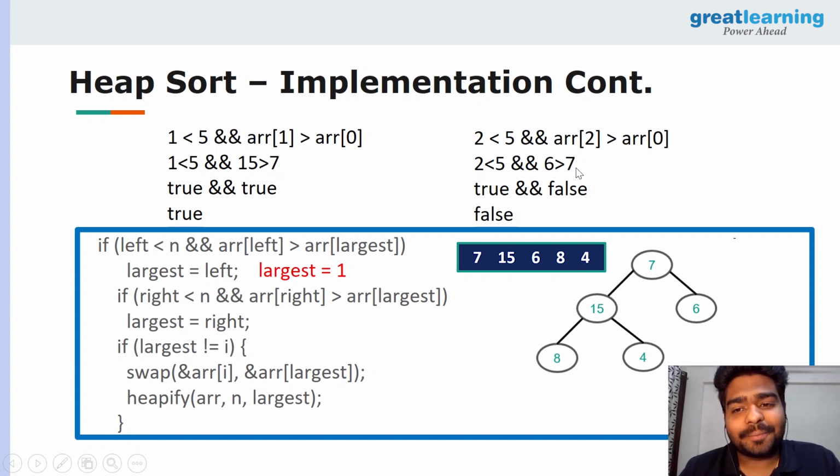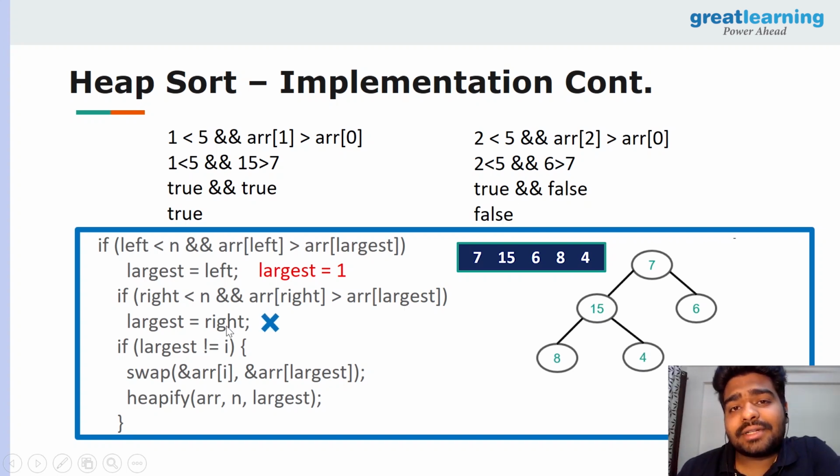Here 15 will come. Okay, here the 0 will not come. We have to change this ARR. It will be 1 and it will be 15. I'm so sorry. So here there is some mistake. So it will be 6 is greater than 15, which is false. 2 is less than 5, which is true. So true and false will give you false because both the conditions are not true. That means we need to ignore this statement.